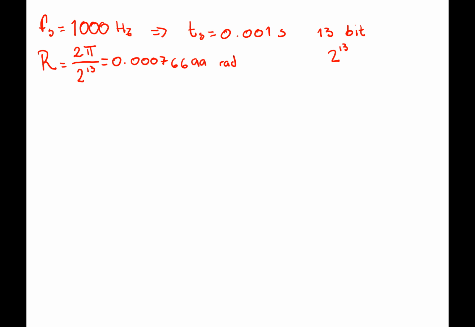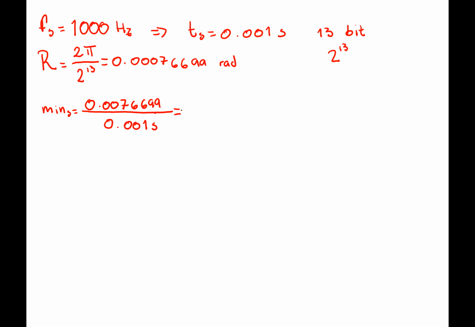And the minimum speed that we can measure is given by the resolution of our sensor, 0.0076699 radians, over our sampling rate, which is 0.001 seconds.